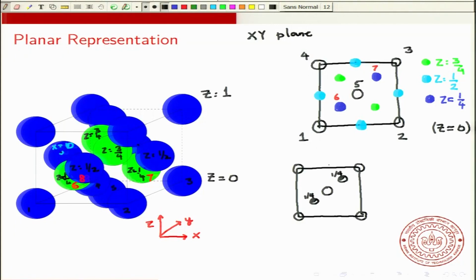Then you have these 4. Just for convenience, I'll use a slightly more legible notation. Let me show them as small points, then it will be a little more legible.